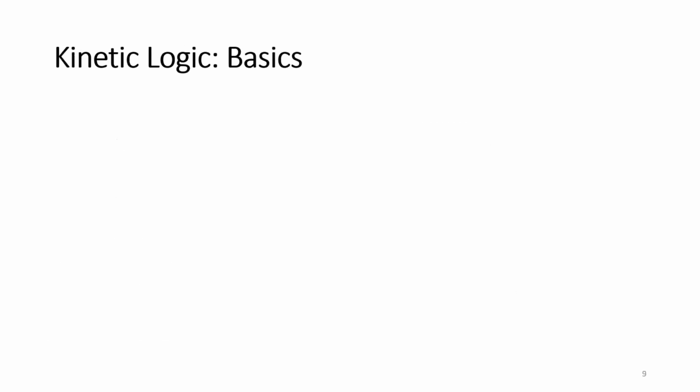The kinetic logic basics: as I said, in 15 minutes, I really won't have time to go into all of the details of kinetic logic. The paper is long and a little bit involved, but most of the ideas are summarized here.